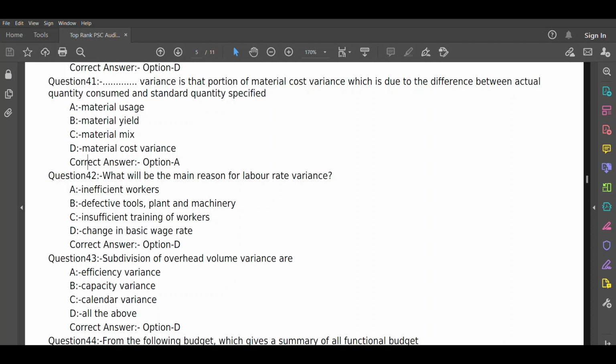What will be the main reason for labor rate variance? Change in basic wage rate. Subdivisions of overhead volume variance, all of the above: efficiency variance, capacity variance, calendar variance.